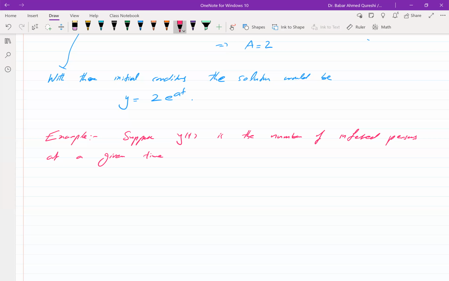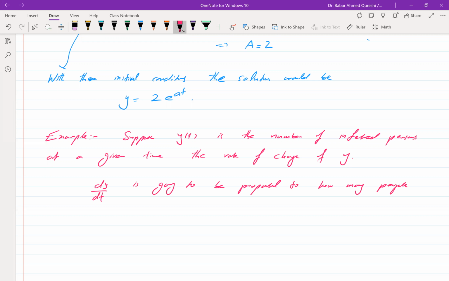then the rate of change of y, that means how the infection is increasing, is going to be proportional to how many people are already infected. So for example, each infected person has a certain probability of infecting other people.